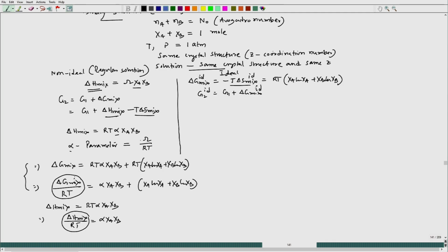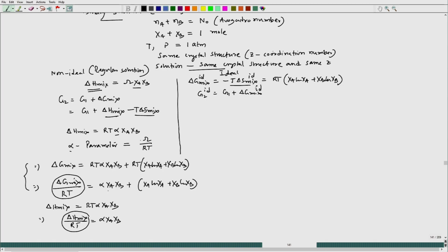That way we can reflect these two quantities over a small number range, because x_A and x_B are fractions. Alpha can be taken as 0, 0.5, 1.0 as well as small negative numbers, and accordingly we can reflect how delta G mix by R T as well as delta H mix by R T vary with composition.